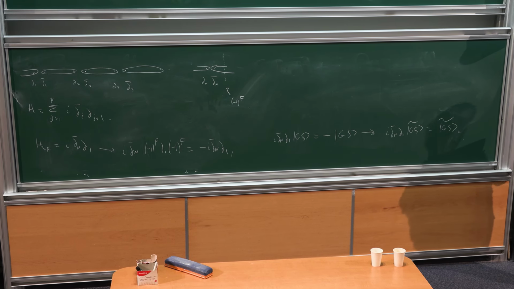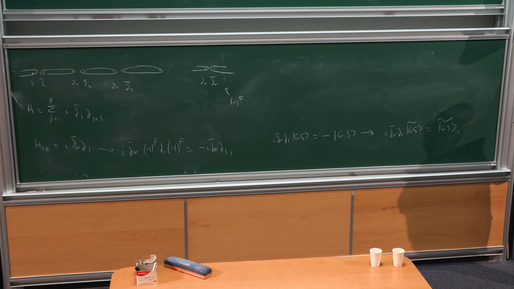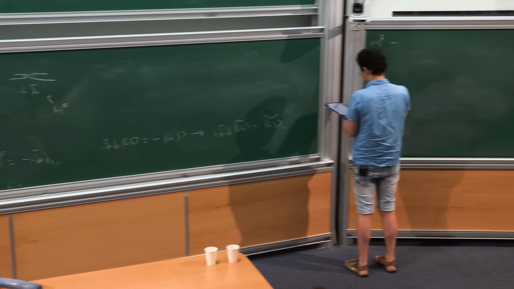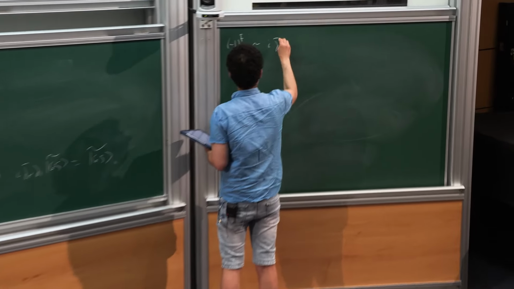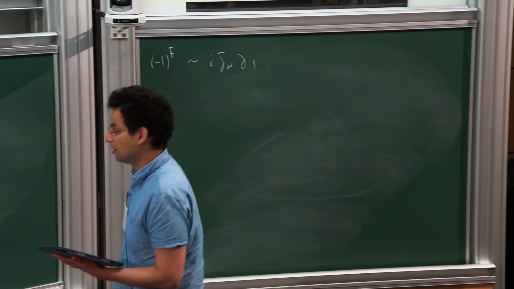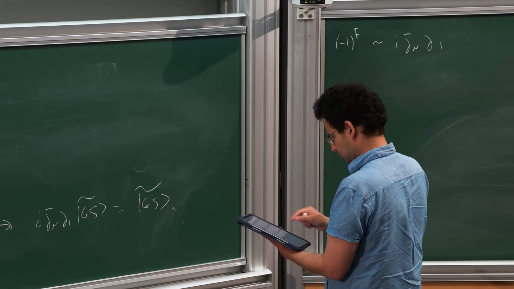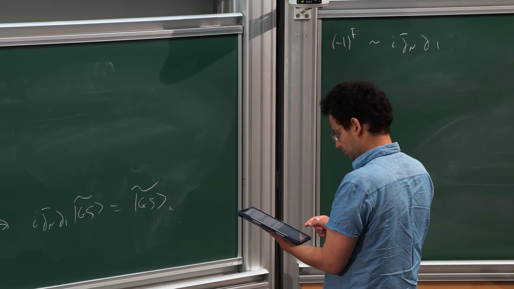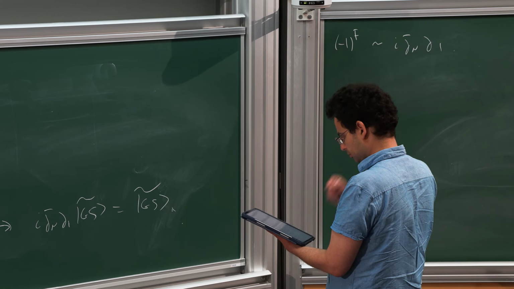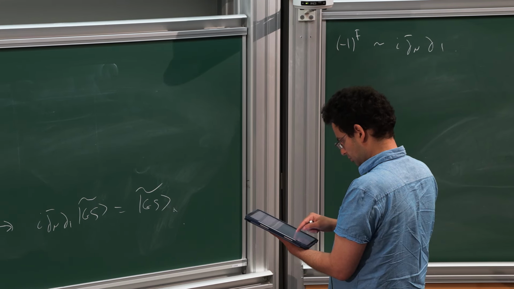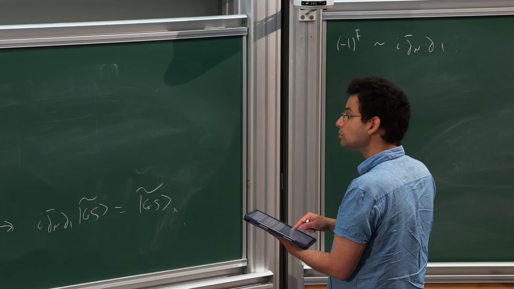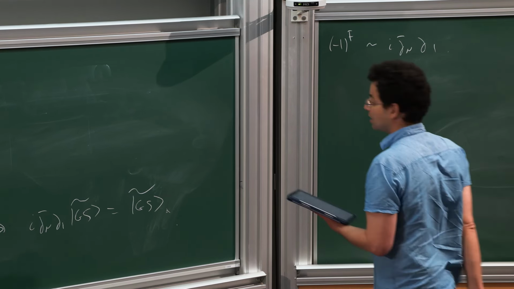Remember, -1 to the f, when we considered an open chain, effectively became I gamma n bar gamma 1.